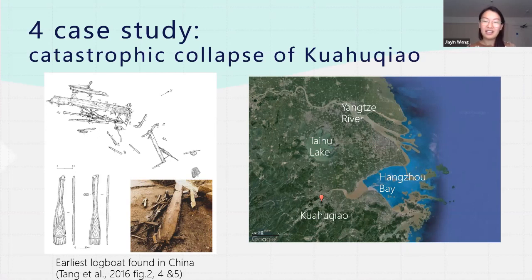So this is an archaeological site where the people had mastered the ability to conduct efficient seafaring, yet the site rapidly fell at around 7,600 years before present.